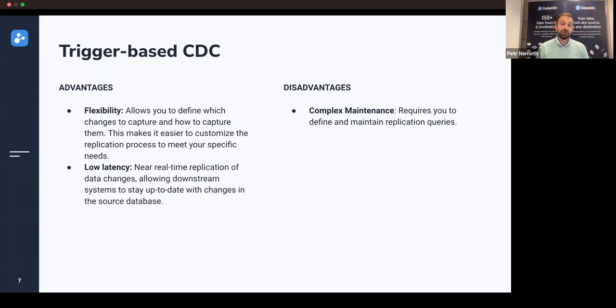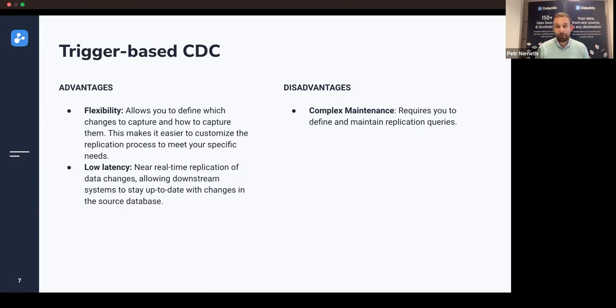The big advantage is that this gives you complete flexibility to define what change means for you, including deleted rows. So if you need to include deleted rows, this is a good way forward.